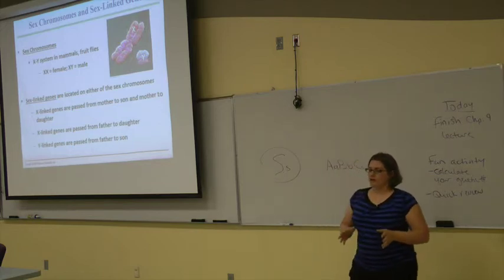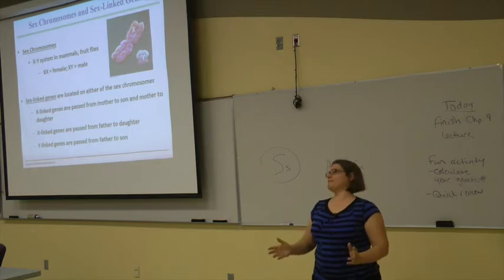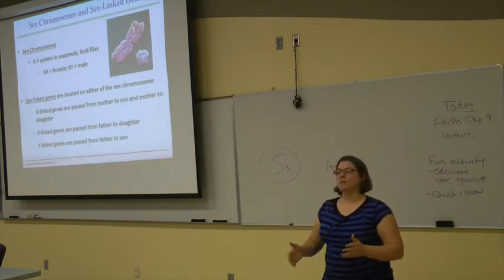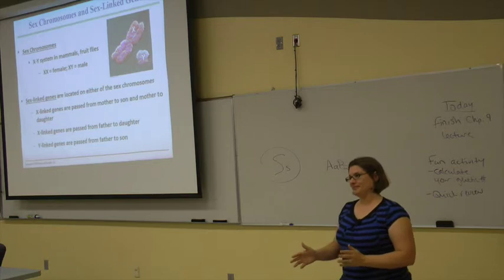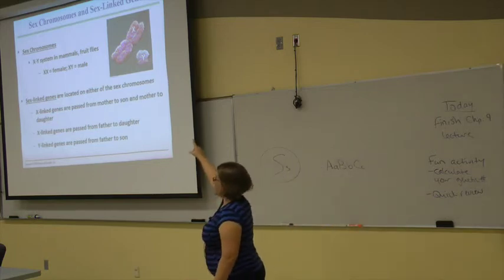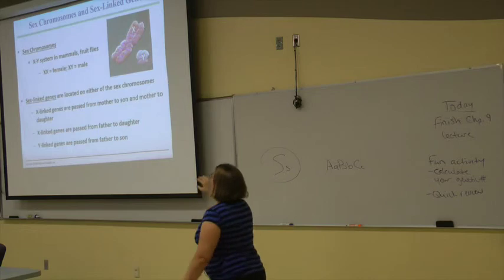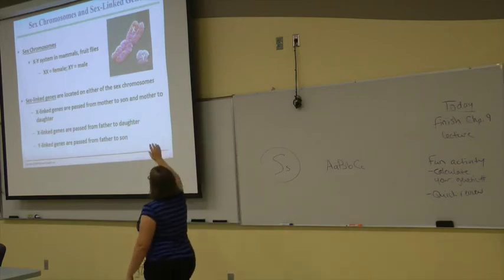But as an introduction behind that concept, we have to review the sex chromosomes, right? So the sex chromosomes are X and Y. They are not homologous. They're not the same size, right? You can see that the X chromosome is huge compared to the Y chromosome. All right? And males are XY.